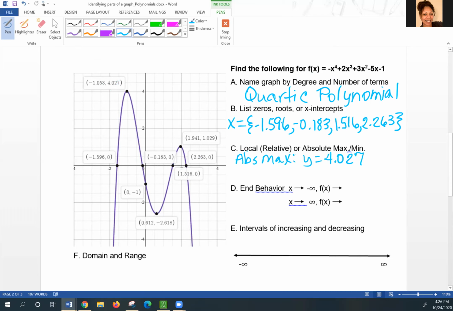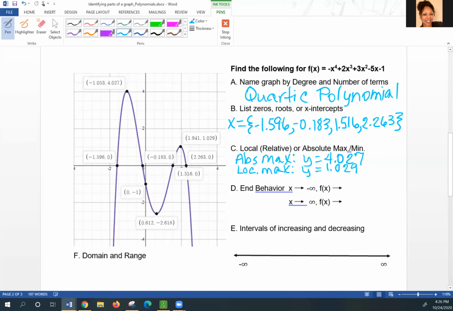I have another maximum here. This is the one that you would refer to as either local or relative, so it doesn't matter, you can just say local. And again, it's still a maximum and it's still using a y value. So y for this one is 1.029.